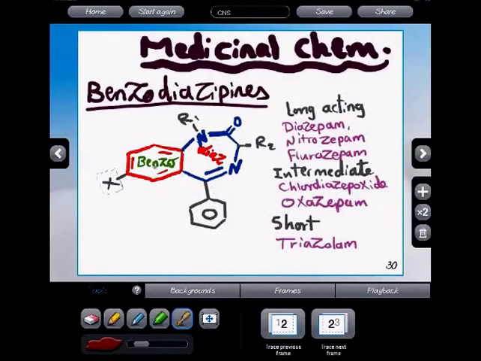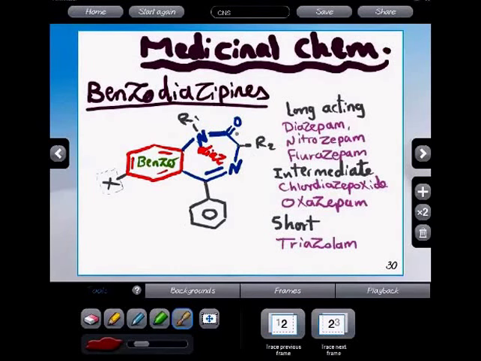Long-acting benzodiazepines are like diazepam, nitrazepam, flurazepam, the intermediate ones like chlordiazepoxide and oxazepam, and short-acting like triazolam. That's the general structure.